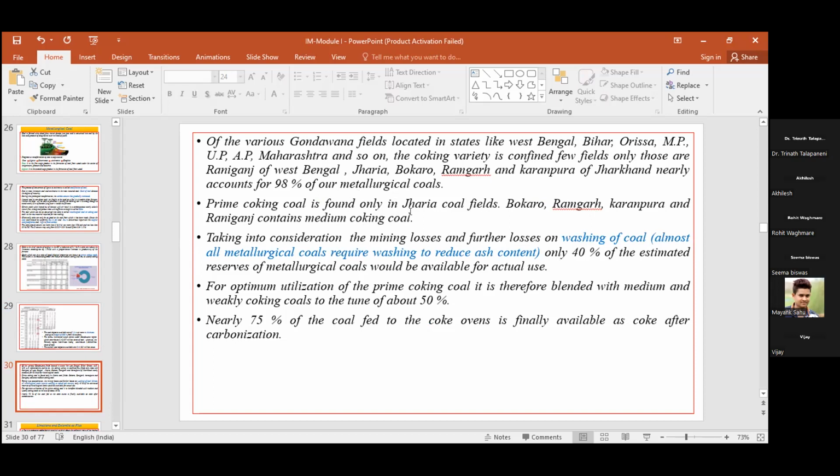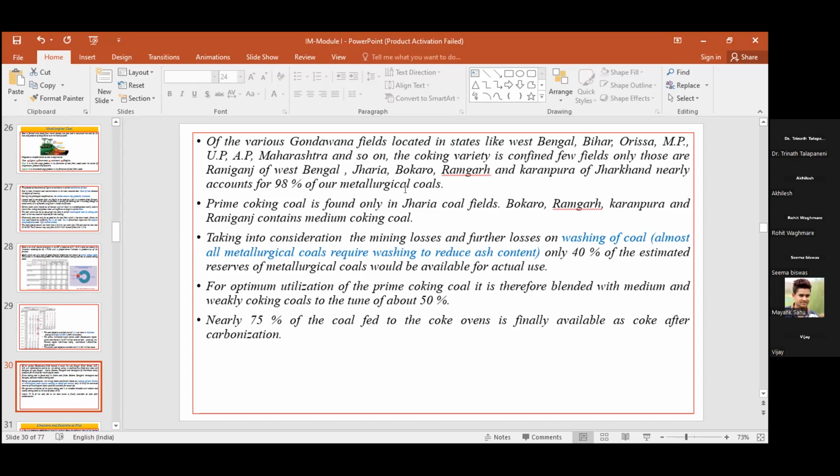And whatever coals we mine will have a certain amount of gangue content associated with them. So before we subject these coals to the coke making process, we need to undergo a beneficiation process where we subject the coals to washing.